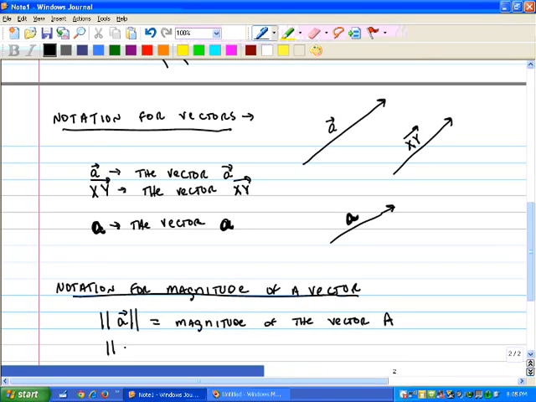This, in bold print, might be the way your book will represent the magnitude of a vector A. We should use the same notation as what was used for the name of the vector. We don't want to mix capital and small letters when we're naming vectors.